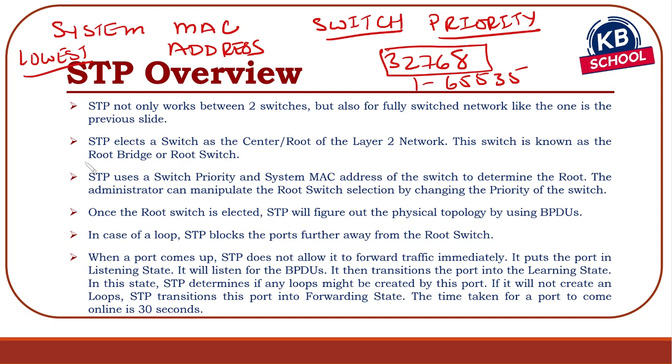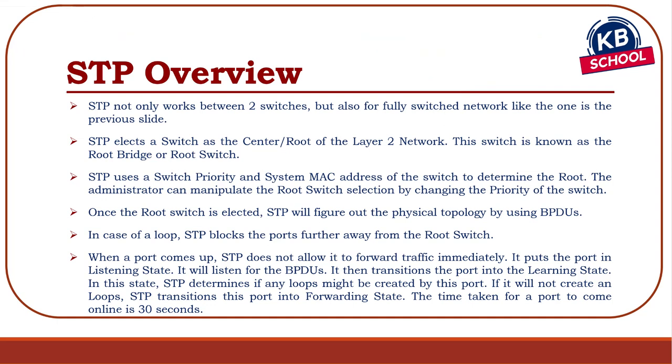All right. So you can either manipulate the root switch selection by changing the priority of the switch. If you don't, the system automatically will pick the root switch based on the lowest system MAC address. And that's something that you might not want to do, because generally there's a good chance that the lowest system MAC address will be assigned to the oldest switch.